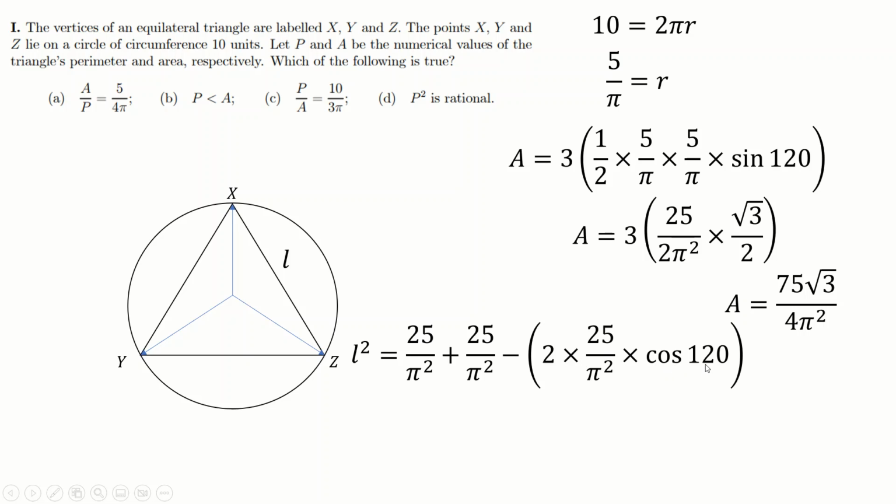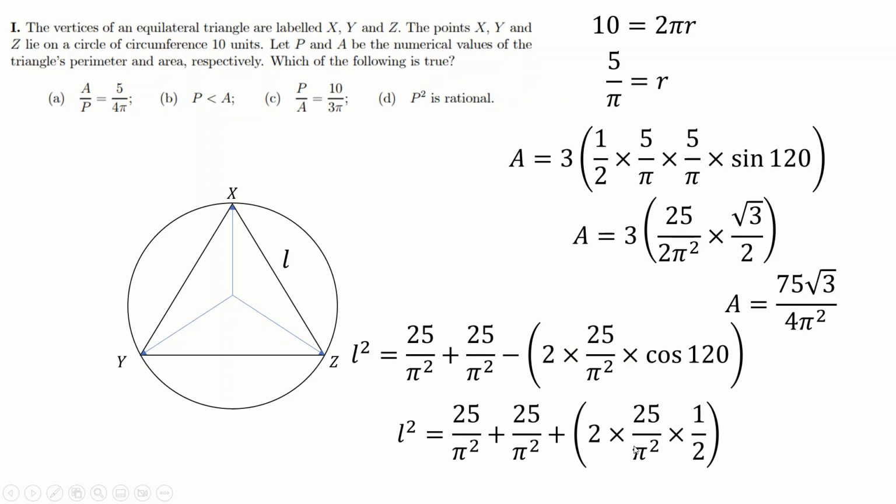Cos of 120 is, again, get out the cos graph if you need to, but it's minus a half. So this turns into a half and changes that to a plus. And this half cancels with this 2, and you just end up with 3 lots of 25 over pi squared added up, which is 75 over pi squared. And that's L squared. So if we root that, this is 25 times 3, so the root of that is 5 root 3. This is, of course, just pi, and we end up with this.